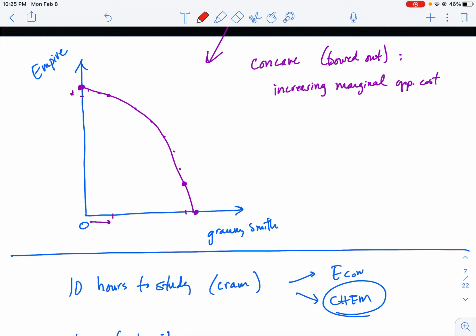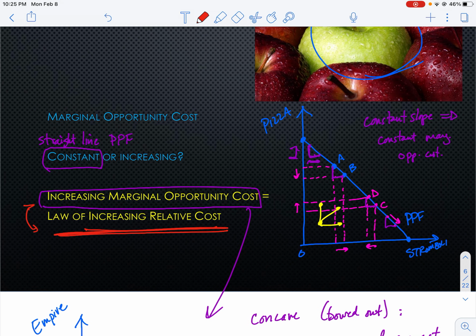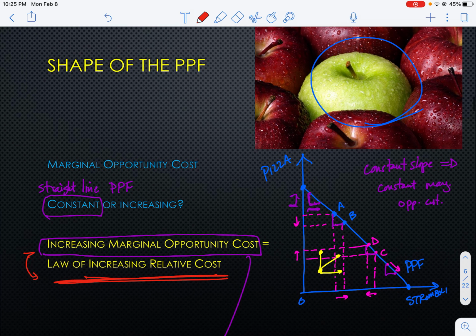If I tell you it has constant marginal opportunity cost, you should draw a straight line PPF. If I tell you that it has increasing marginal opportunity costs, then it should be more bowed out. It should be more concave. So you need to know these two scenarios and what they look like graphically. So there you go. That's the shape of the PPF.